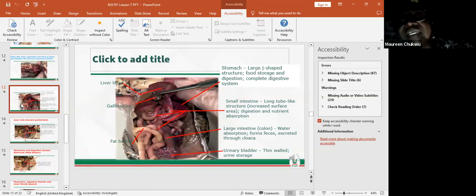Then we have the large intestine, the lower portion of it, otherwise called the colon, which is for water absorption, forming feces, which are excreted through the cloaca. Then we have the urinary bladder, which is thin-walled and for urine storage.